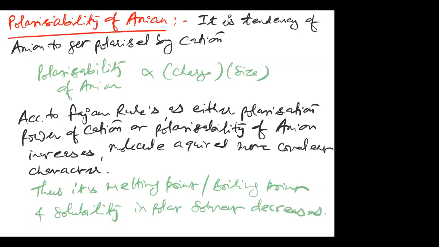Obviously all these are properties of ionic compounds: high melting point, high boiling point, solubility in polar solvent.